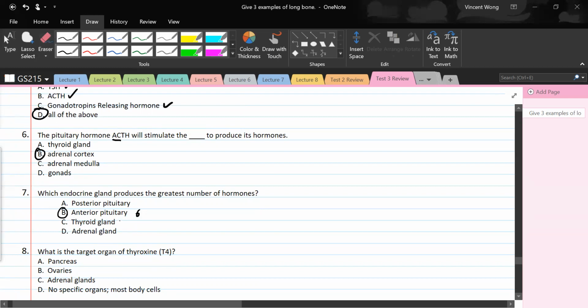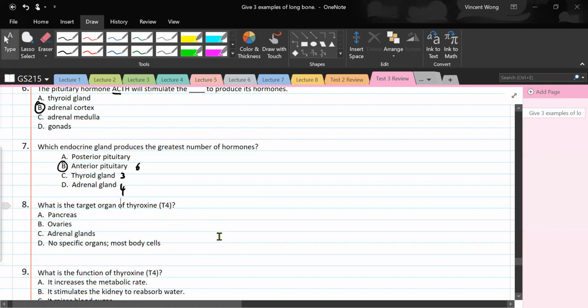It's calcitonin, T3, T4. Adrenal gland, we have the epinephrine and the norepinephrine from the medulla, and then we have the aldosterone and the cortisol, right? From the cortex. Okay, so what is that? 1, 2, 3, 4. So AP is the most.